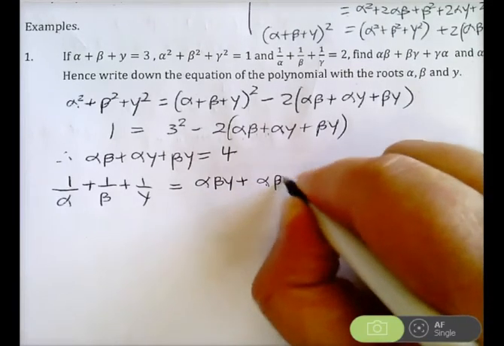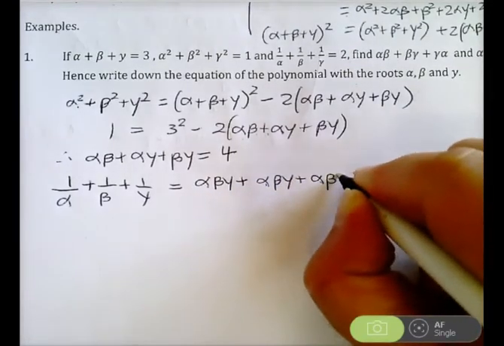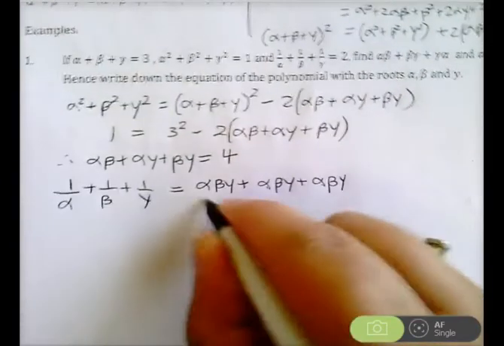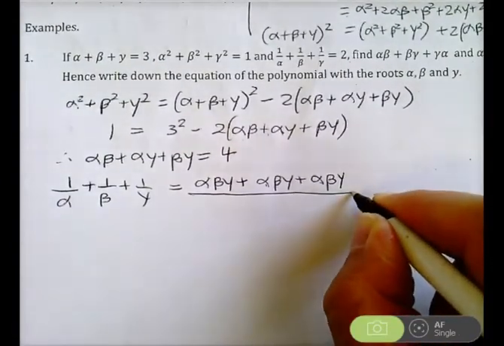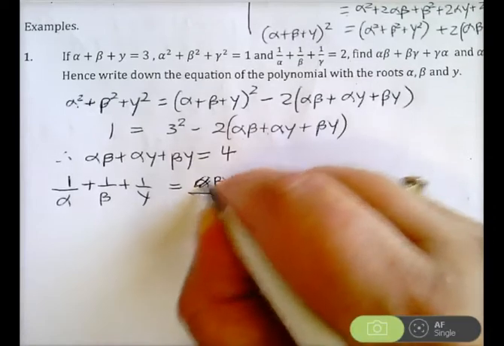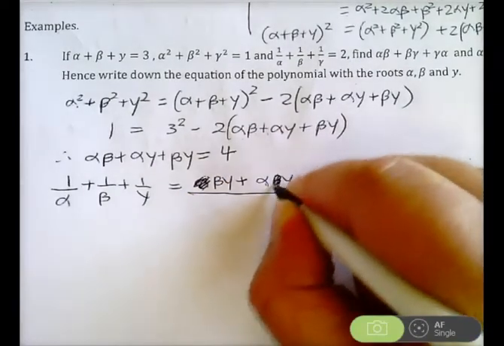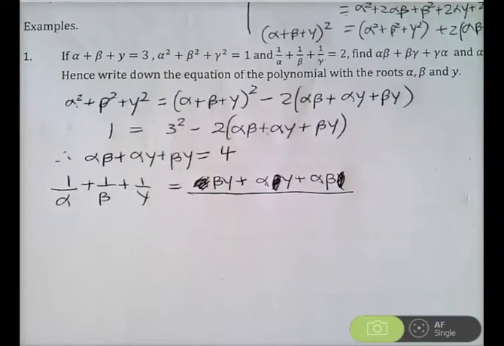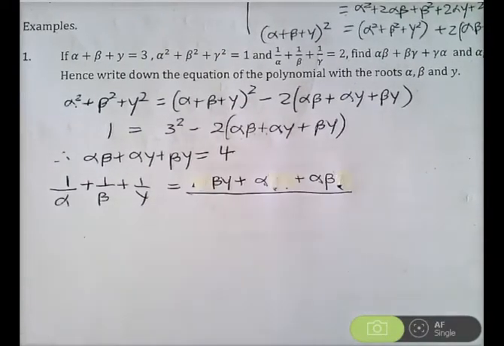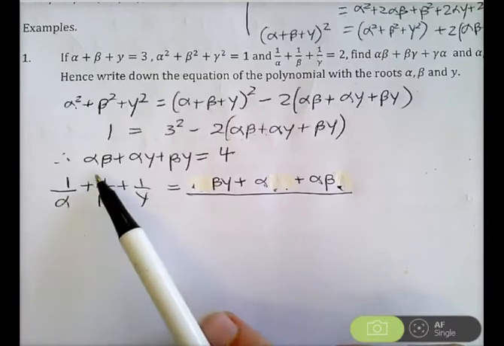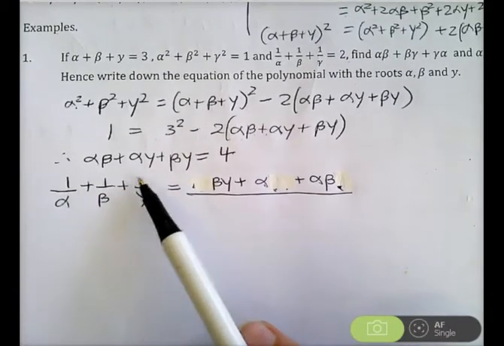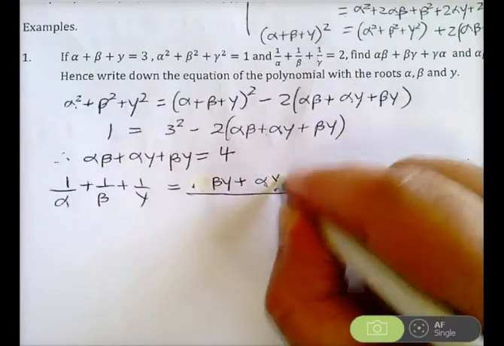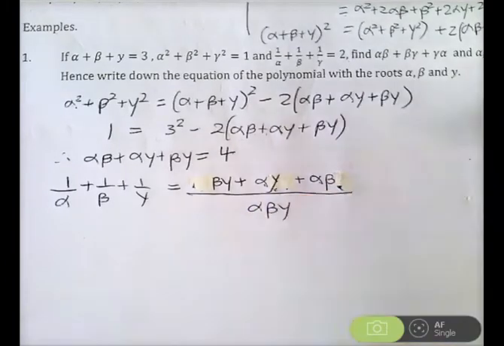Alpha beta gamma plus alpha beta gamma. No. That one, this one, and that one. First one's missing the beta gamma, second one's missing the alpha gamma, third one's missing the alpha beta. All over alpha beta gamma.